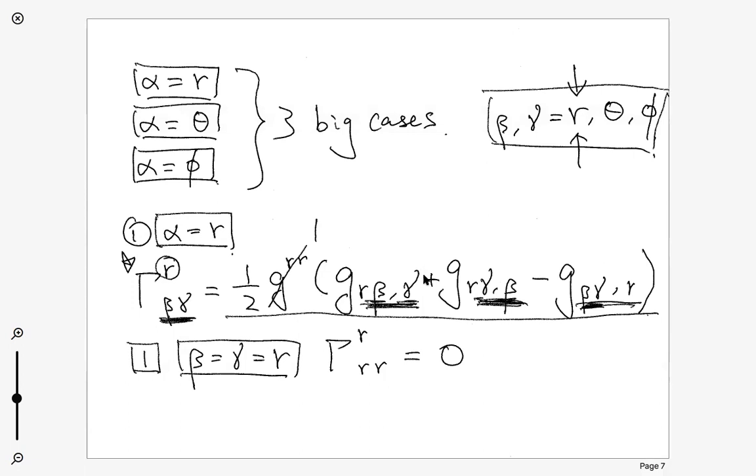Okay, what about the case when one of the indices, beta and gamma, is r? So remember, beta and gamma here are the not-so-special indices, as compared to the contracting index. And now let's consider one of these indices is r. Let's say beta. But then gamma is not r.